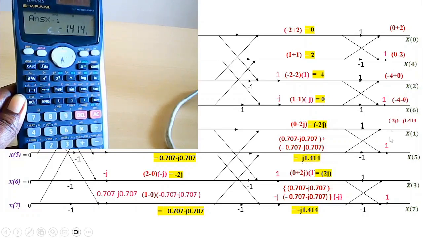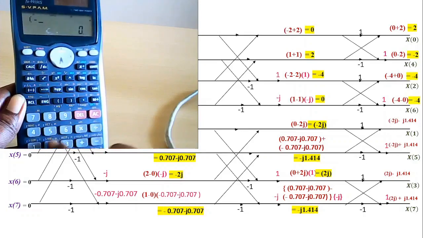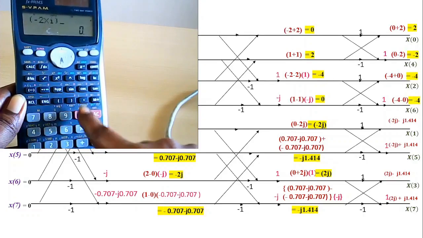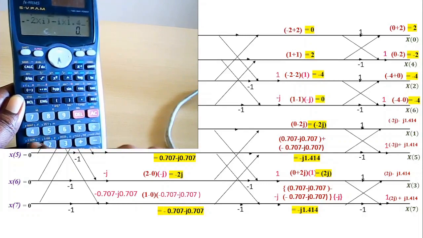So minus 2j minus j 1.414, here it is going to be plus. Then 2j and this value, so 2j minus j 1.414, here 2j plus j 1.414. So 0 plus 2 is 2, 0 minus 2 is minus 2, minus 4 plus 0 is going to be minus 4, minus 4 minus 0 is minus 4, here it's going to be open bracket minus 2 into j close bracket minus j into 1.414.